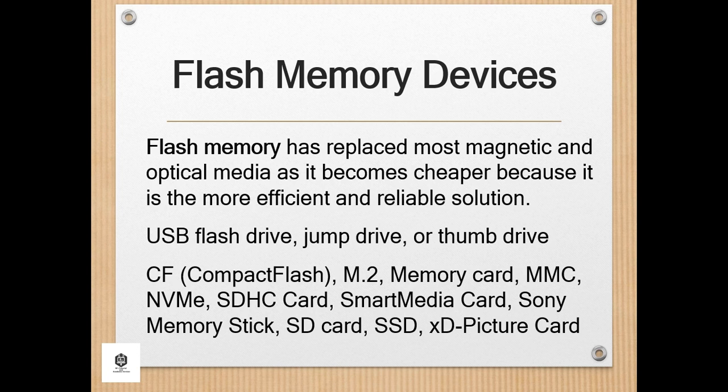Examples of flash memory devices are USB flash drive, jump drive or thumb drive, CF or CompactFlash, M.2, memory card, MMC, NVMe, SDHC Card, SmartMedia Card, Sony Memory Stick, SD card, SSD, and xD picture card.